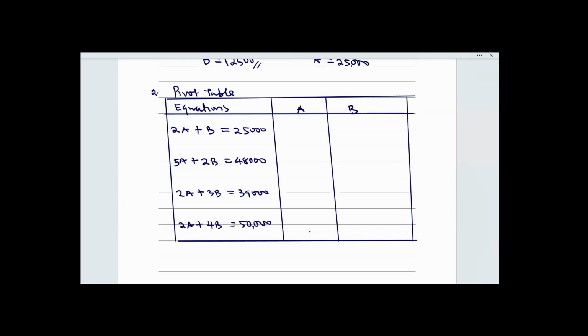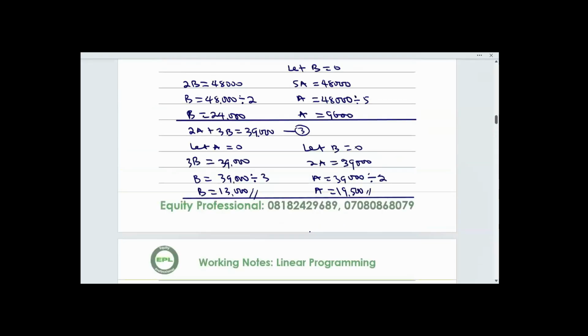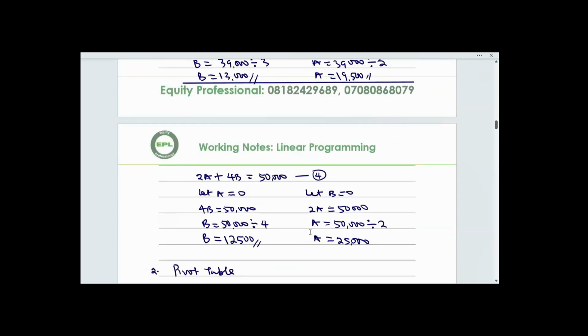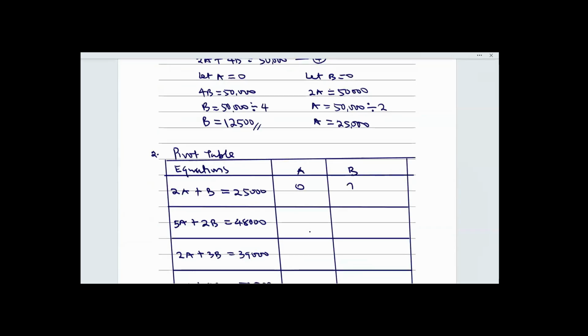Now, from our equations, the first equation, when A is equal to 0, we calculated B to be 25,000.